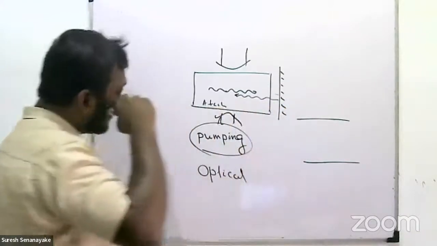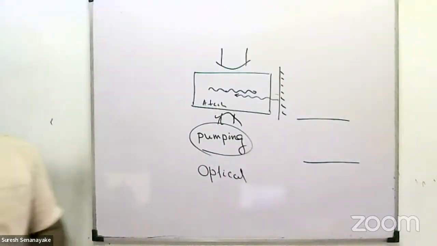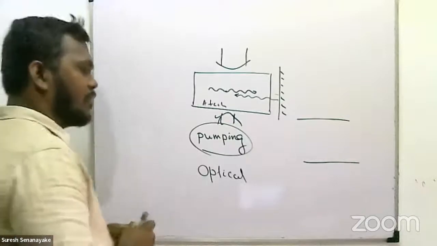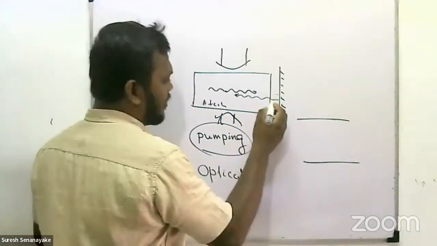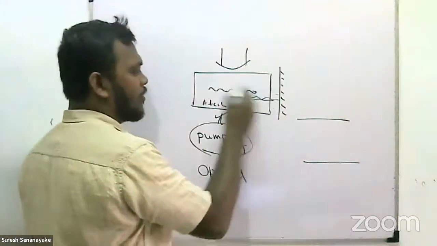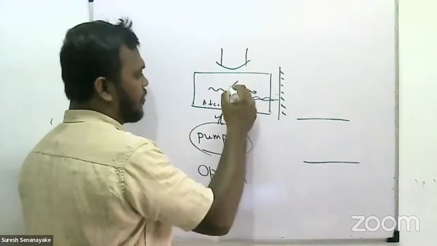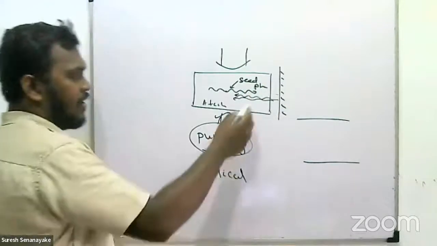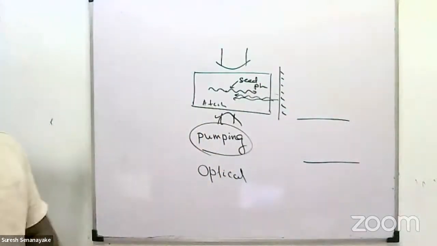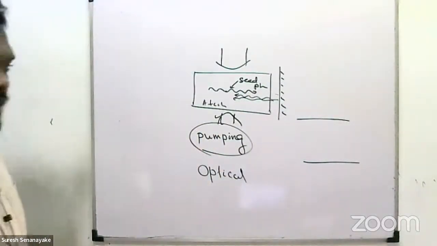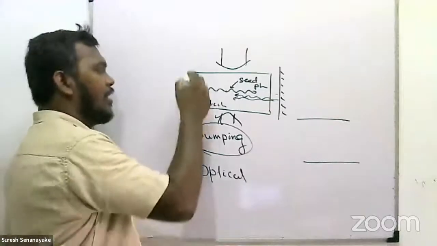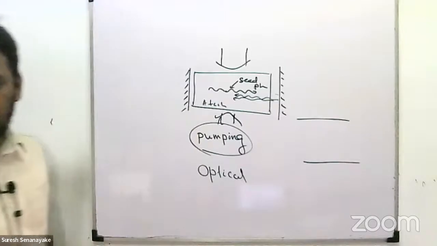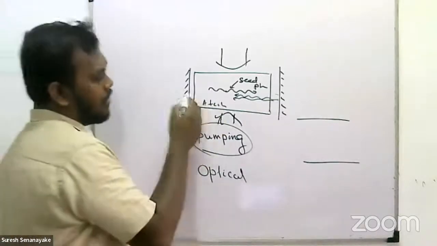When they come back, they are all in the same phase, so they superimpose and make a new one. When they come back, they make two photons. The first photon that forms we call the seed photon. Then there is a partially reflecting mirror.